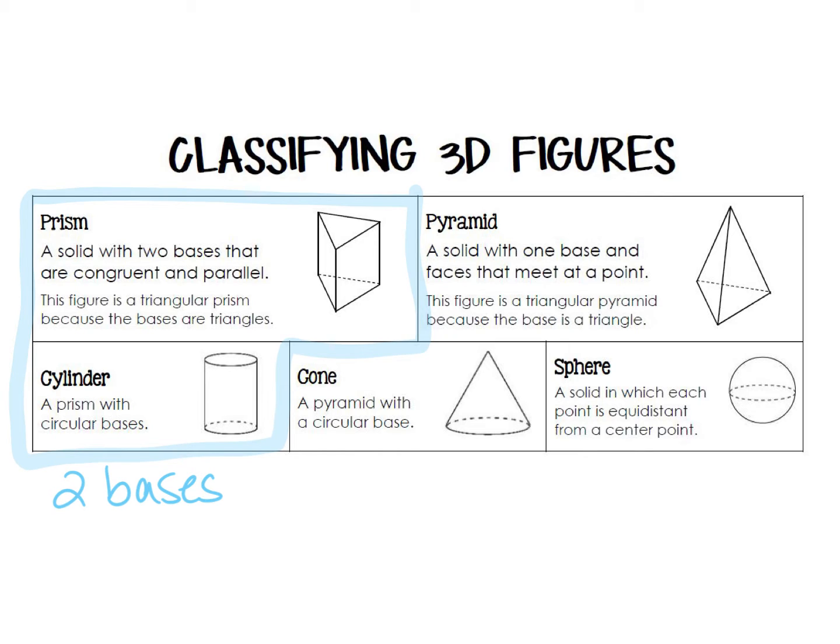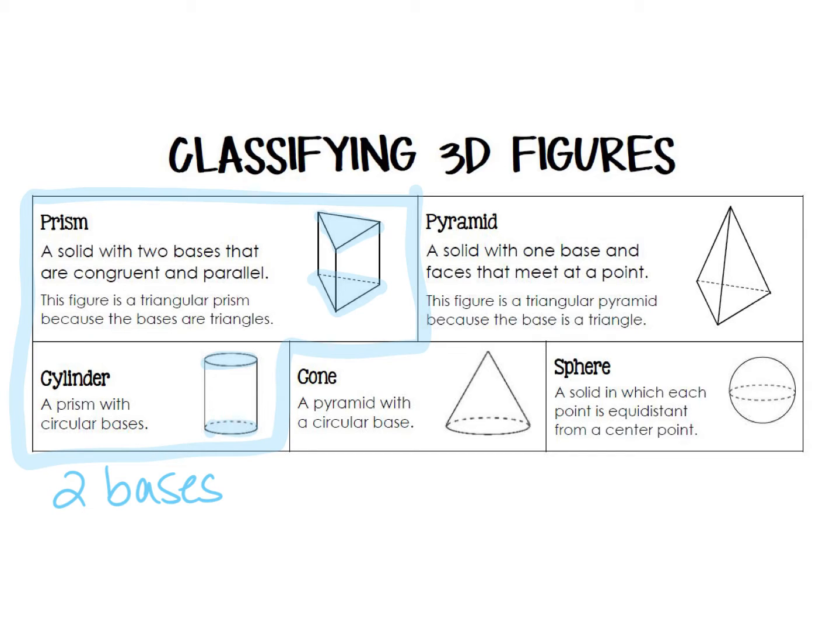And what I mean by base is there's 2 sides that are parallel to each other. So a cylinder is just a prism with circular bases. So we see that for the prism, we have 1 base, 2 bases, and we have those sides that connect. Same with cylinder, 1 base, 2 bases, and the sides connect.